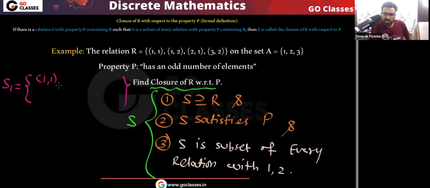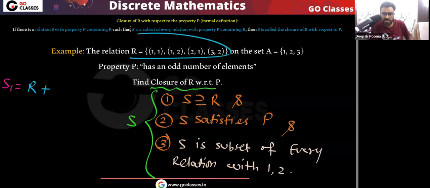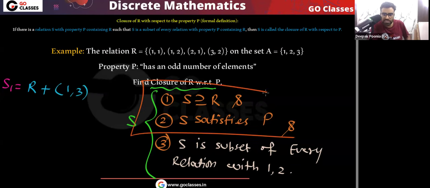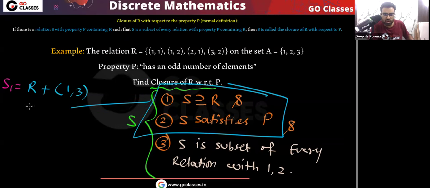They will put 1 1, they will put 1 2, basically they will put R, because S must contain R. S must also satisfy P, having an odd number of elements. So some student can add this pair 1 3. So far, are the first two satisfied or not? Yes, 1 comma 2 are satisfied.